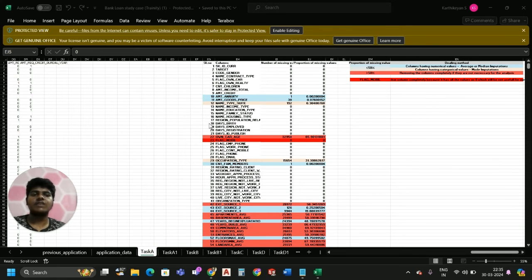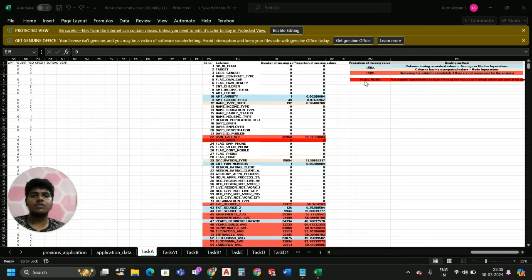The columns which have categorical values, for example name type suite, name income type suite, we have to do mode imputation. If the proportion of missing values is above 50%, then we need to remove that complete column, which would be affecting our data analytics report.